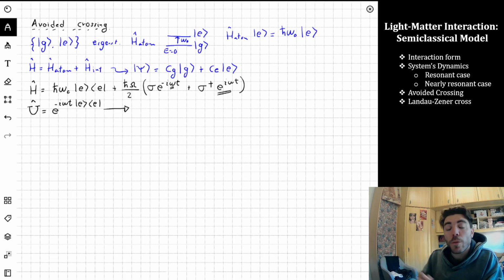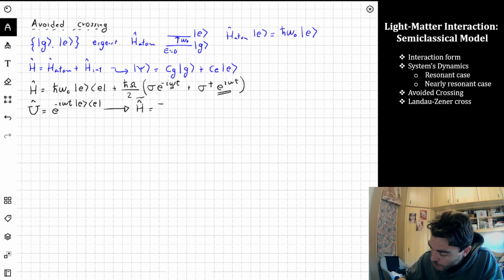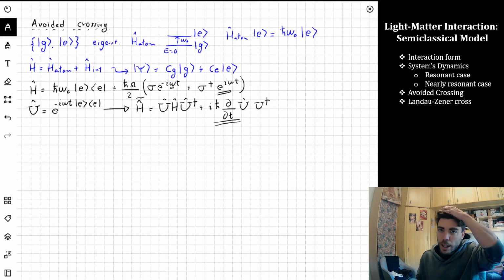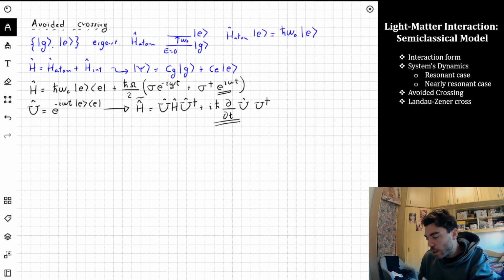Then one follows the rules for the new Hamiltonian after the transformation, which is basically this, plus i h bar times the derivative with respect to time of U dagger. I will show you why the transformation of the Hamiltonian is like this. It's easy to show, but for the sake of simplicity, not doing a big detour, let's do it in another video. Just believe me here that it will be proven.